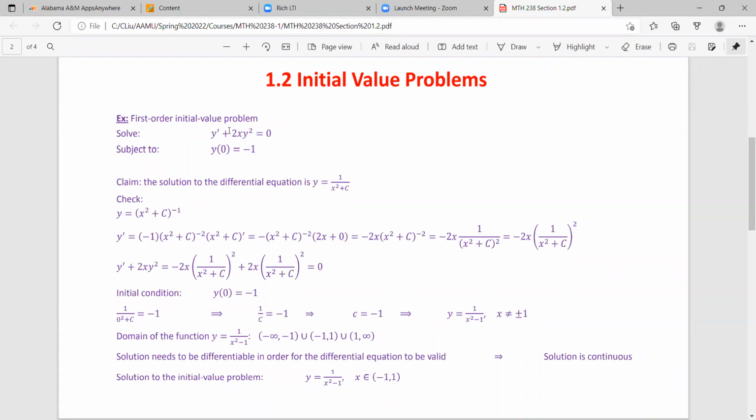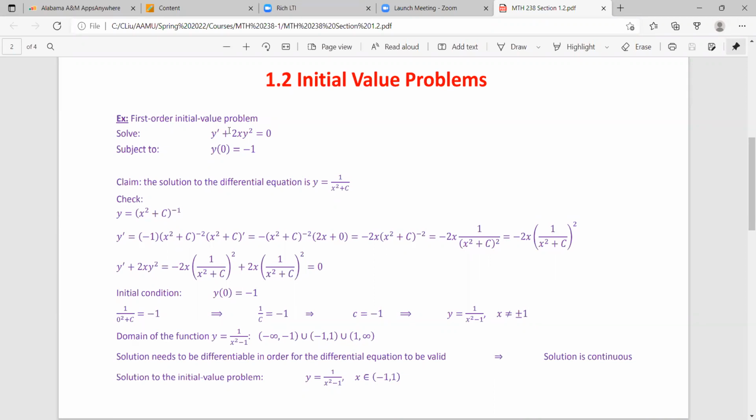But we know from Cal 1 that if the function is not continuous, then the function is not differentiable. So we have 3 different parts in the domain. On the boundary points, -1 and 1, the function is not continuous.